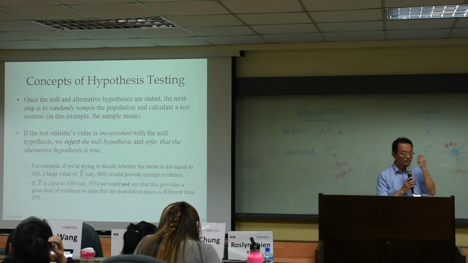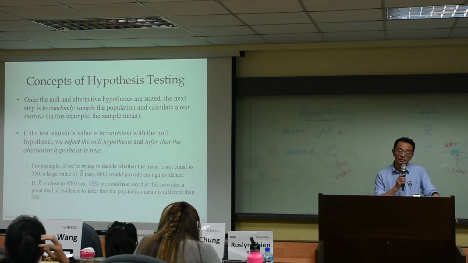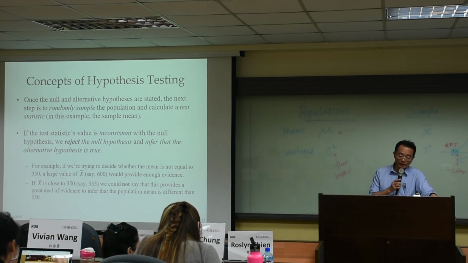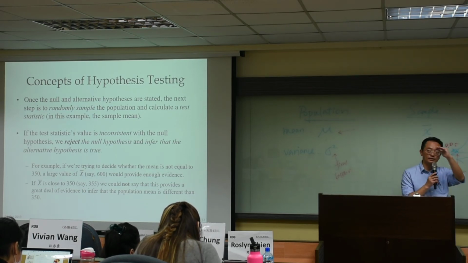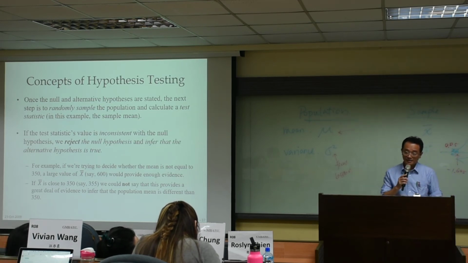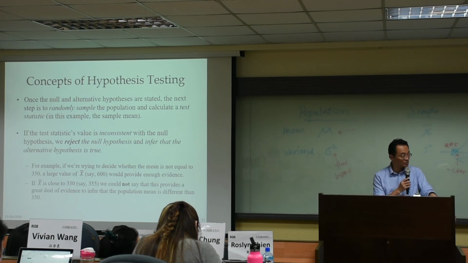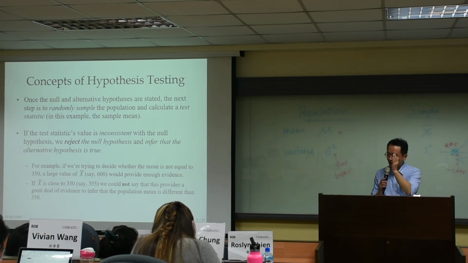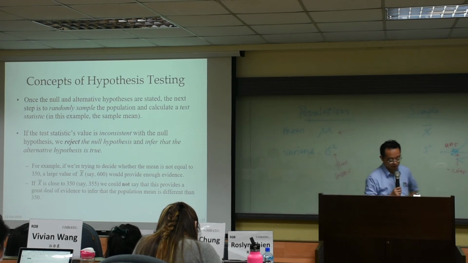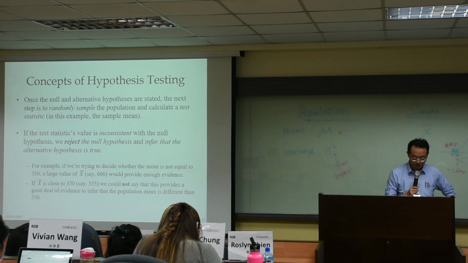Right. Once the null hypothesis and alternative hypothesis are stated, the next step is to randomly sample the population and calculate a test statistic. In this case it's X bar, the sample mean. If the test statistic value is inconsistent with the null hypothesis, we will reject. But what does inconsistent mean? Suppose we are trying to decide whether the mean is not equal to 350.